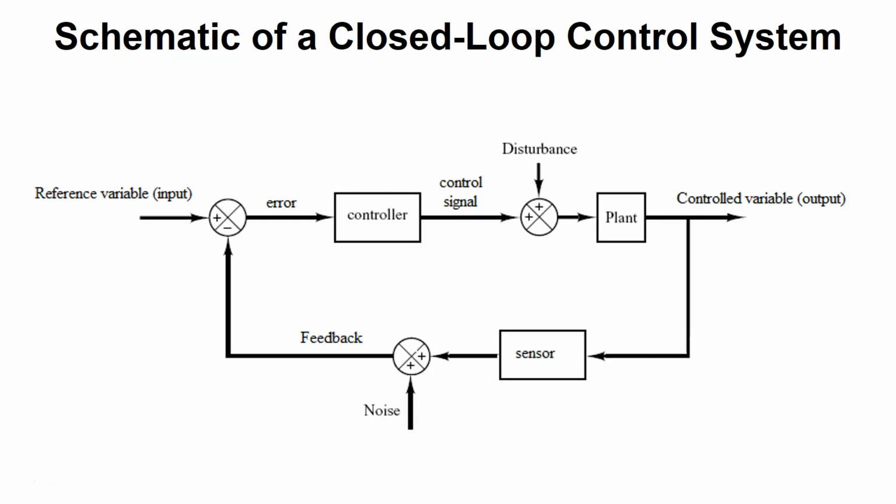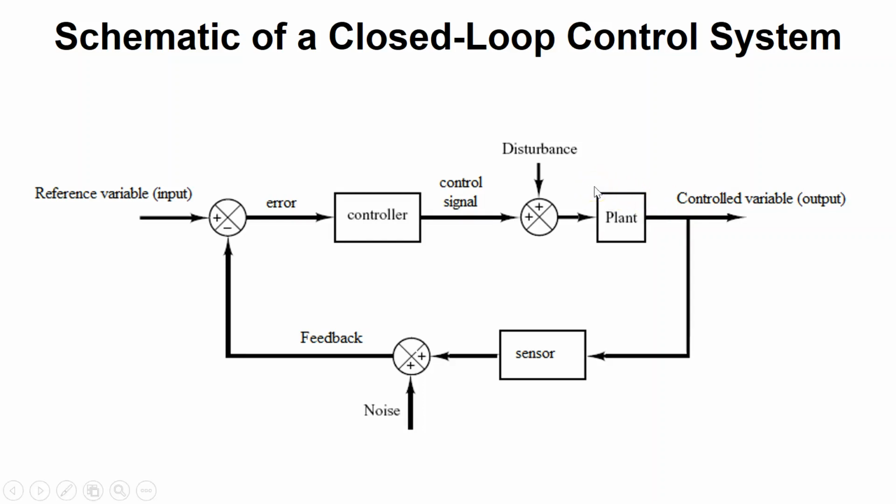For example, let's say you want to control the temperature of a room, right? So this room itself with its walls is basically going to be your plant or the system you want to control the temperature of. Or let's say it is a servo motor, right?